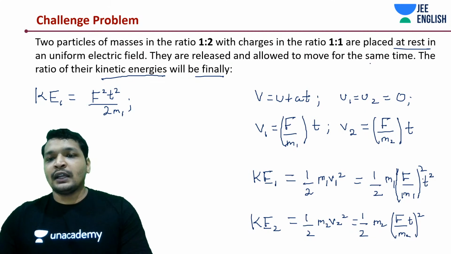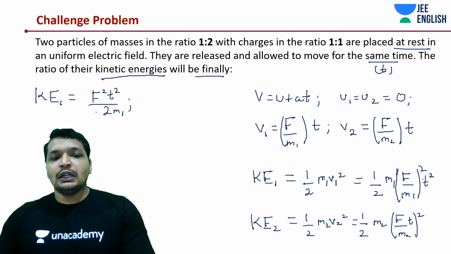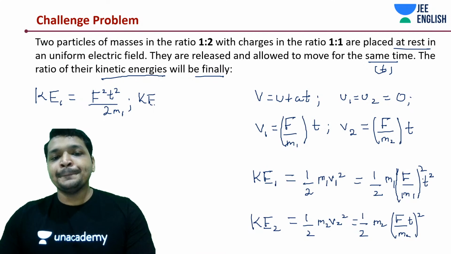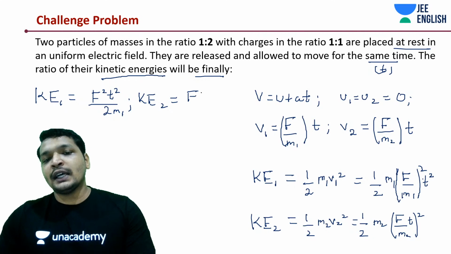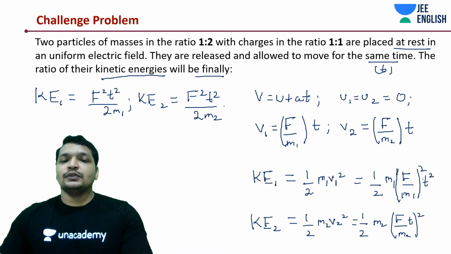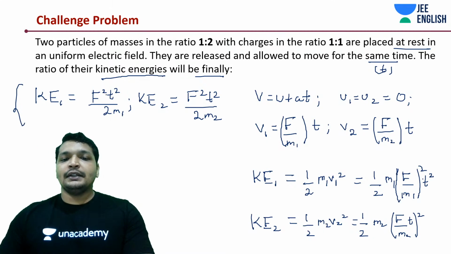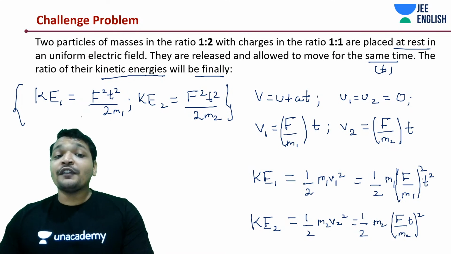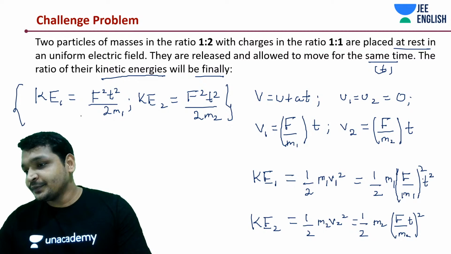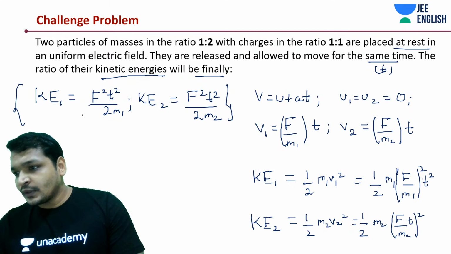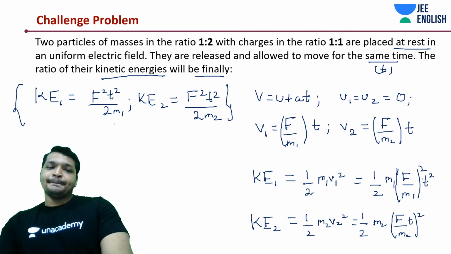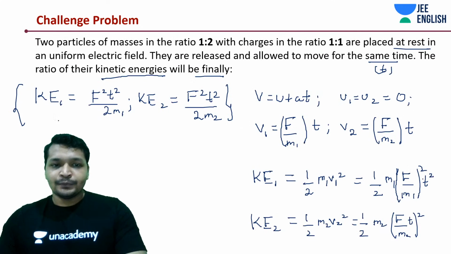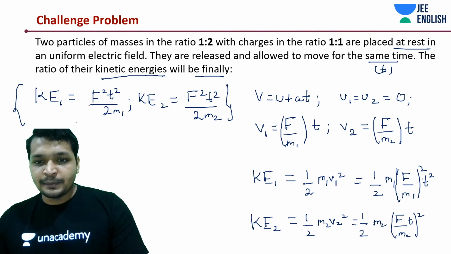At the same time, we are not calculating any t1, t2, etc. And KE2 would be F square t square divided by 2m2. So KE1 divided by KE2 is going to be in the ratio of m2 is to m1. Simple. I think that we don't have space over here, so I will write it down here.